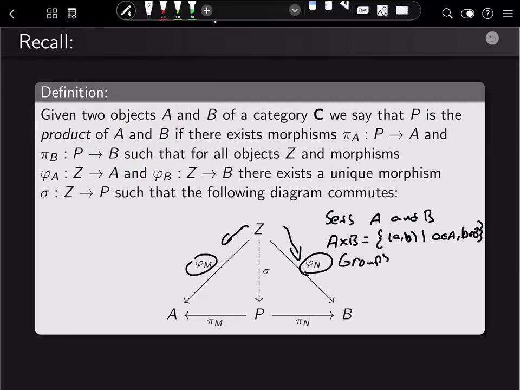We have groups G and H, and the direct product, which we also define G cross H, is going to be the same as the Cartesian product with some extra structure.